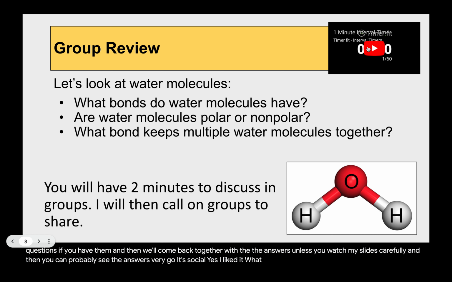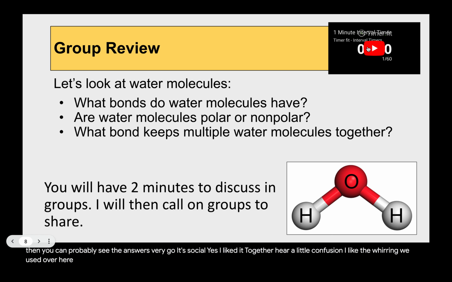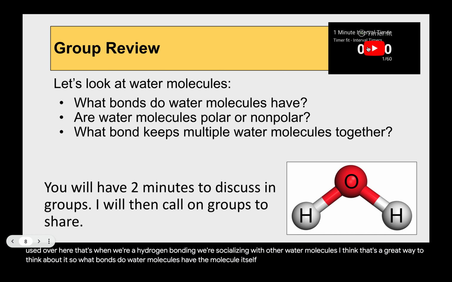So let's come back together here. I know there might have been a little confusion. I liked the wording we used over here that when we're hydrogen bonding, we're socializing with other water molecules. I think that's a great way to think about it. So what bonds do water molecules have? The molecule itself, just thinking about one of them. Yep.